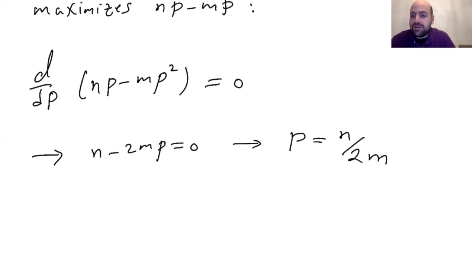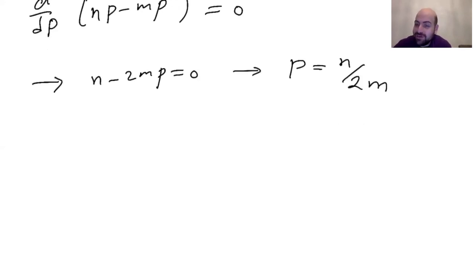So is this solution for P acceptable, N over 2M? Well, here is where we use the assumption that 2M over N is bigger than or equal to 1.